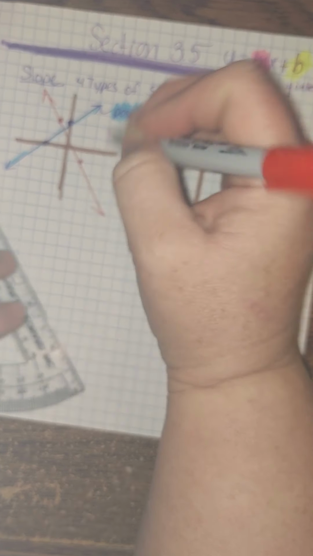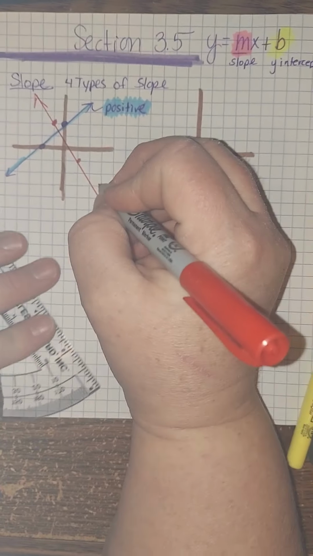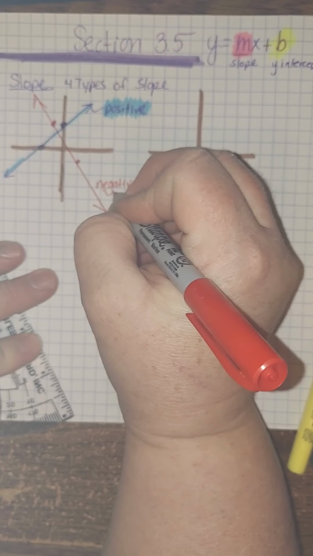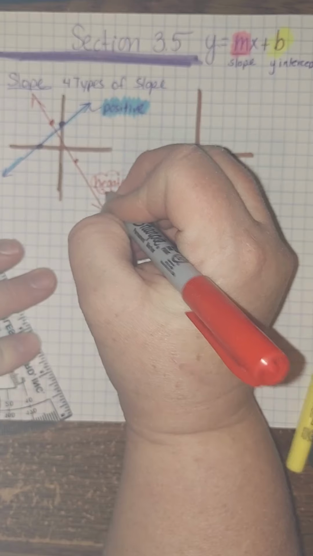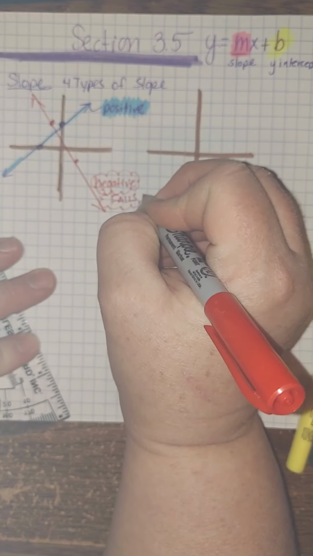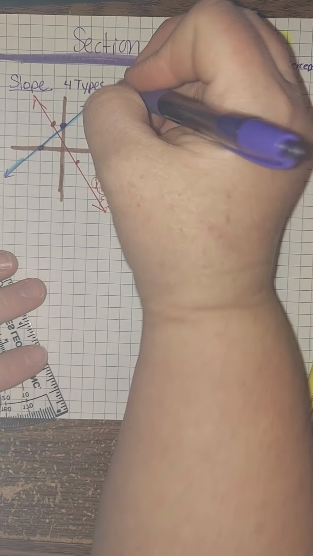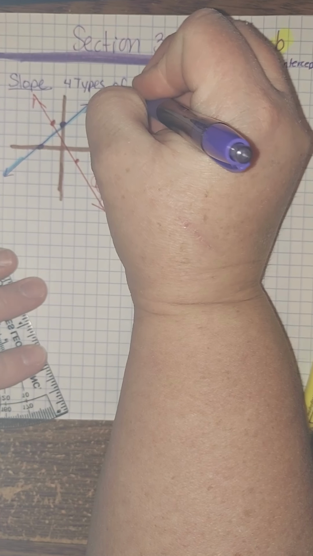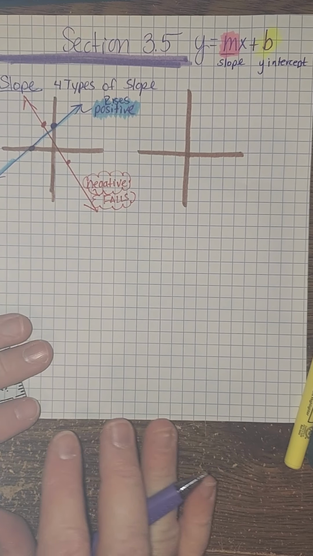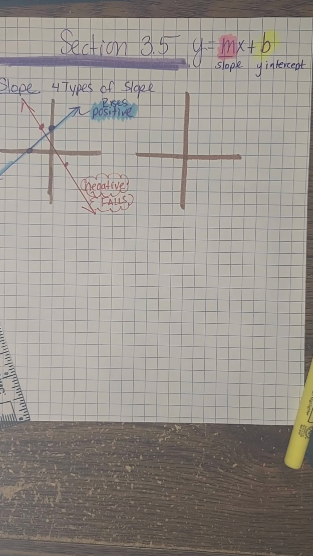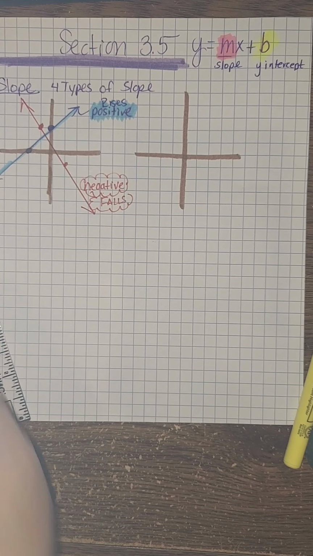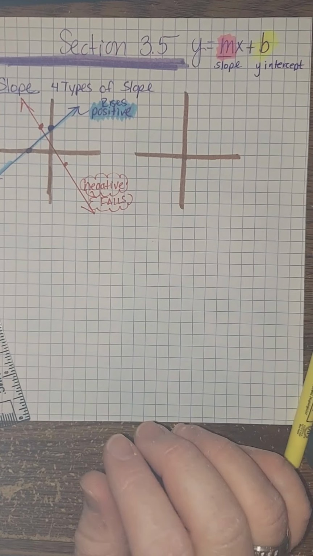All right, from left to right, I'm falling down. This would be a negative slope. Or falls, I'm sorry. Questions on that? And then from last section, remember we had horizontal and vertical.